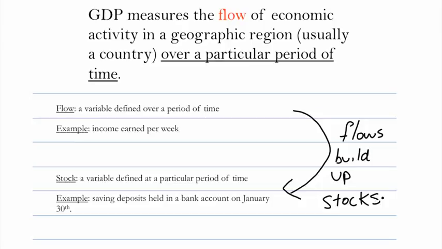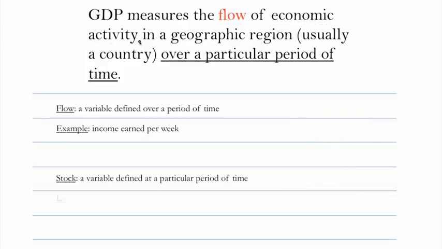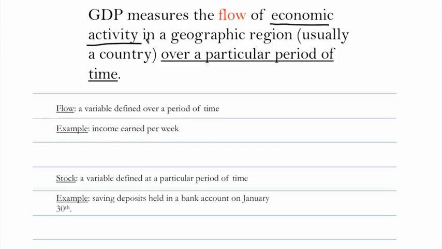Right now, I just want to focus on this particular flow, gross domestic product. Now, the other key part of this definition, and this is actually going to be the focus for the rest of the lecture, is that it's a measure of economic activity.